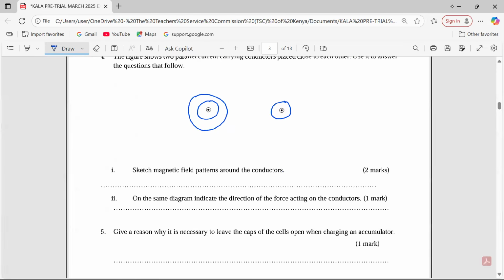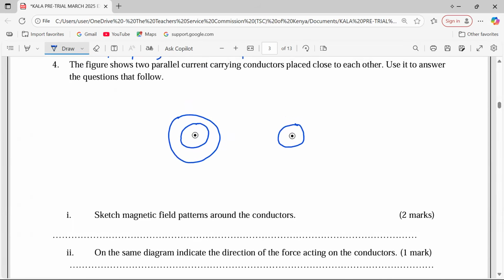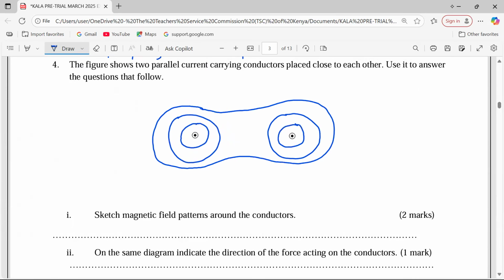I don't know what is interfering with my screen, but I hope you guys can read something from that end. As they continue getting closer to one another now, they will start interacting. And now the field lines will be emerging from here. Yeah, they start forming complete loops.